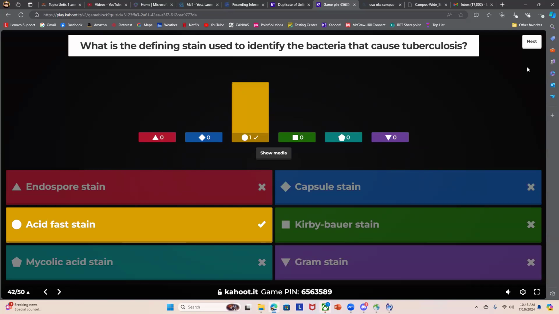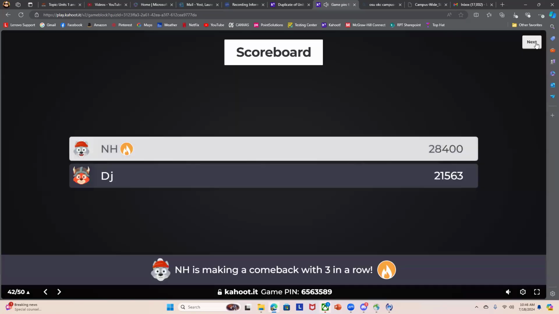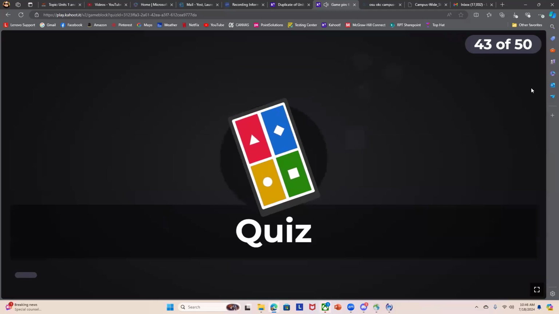So it's going to hold tight onto the lipid, the waxy surface of Mycobacterium, which is mycolic acid, but the proper name for that stain is acid-fast stain. That waxy coating is why they're so resistant.